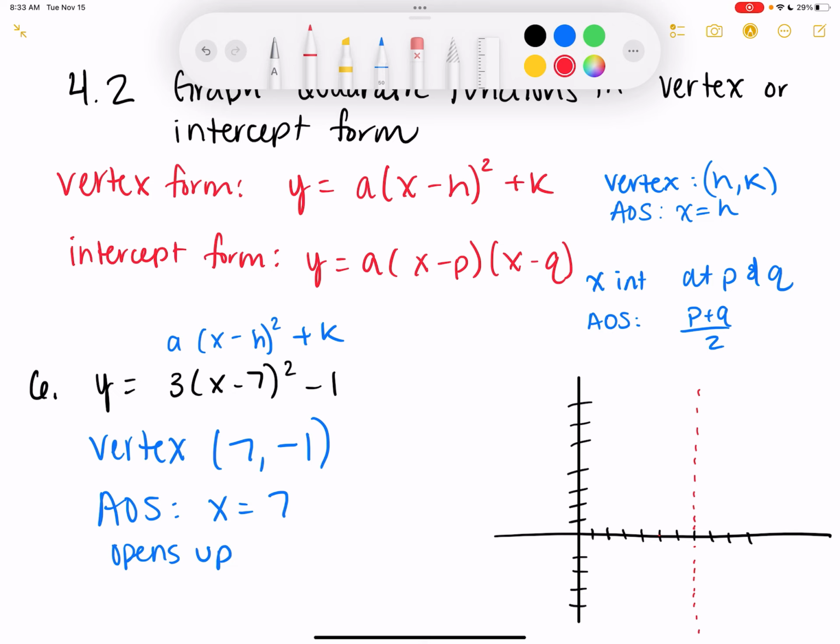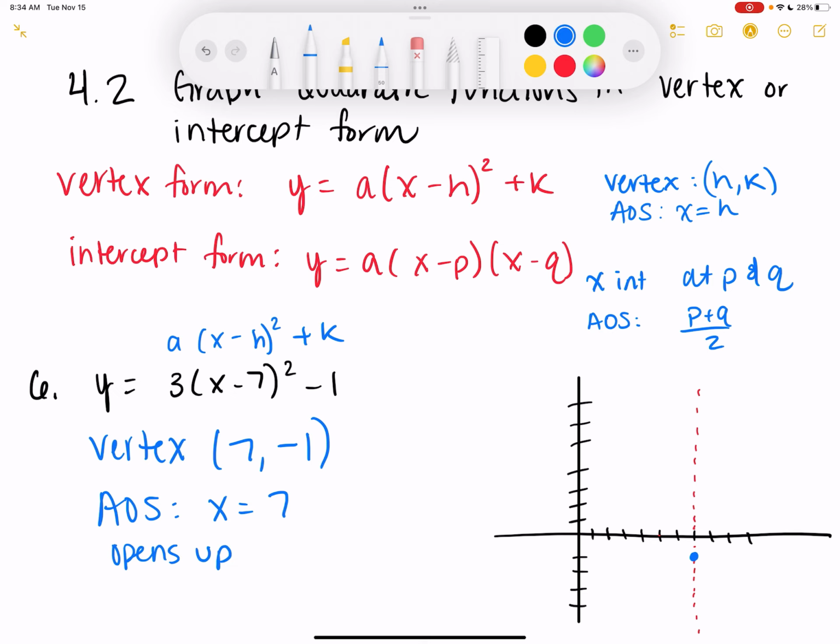My vertex is at (7, -1). So then I just need to find another point that is on the graph. So I'm going to use 8 because that's 1 away from my axis of symmetry.